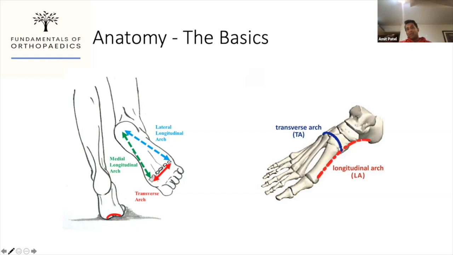The lateral longitudinal arch is on the other side, and the transverse arch you can see on the left-hand image is due to the metatarsal heads. On the right-hand image, we also have a transverse arch in the midfoot, and this is the arch that's disrupted during a Lisfranc injury.